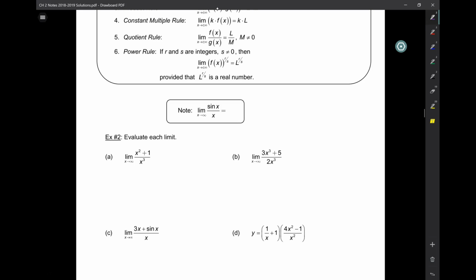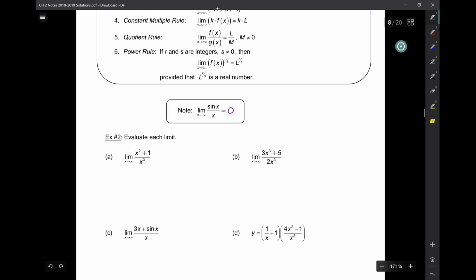Okay, now look at this. Have we seen this before? The same exact thing? The limit as x approaches 0 of that function was what? 1. The limit as x approaches infinity of that function is 0.